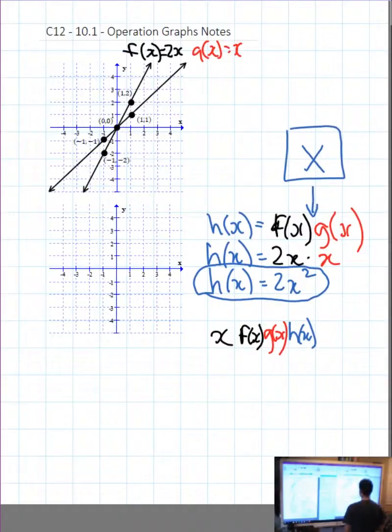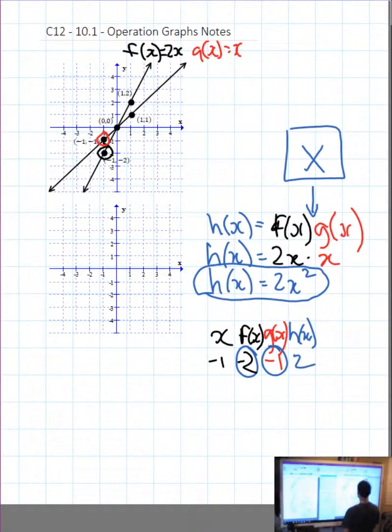So if I choose an x value like -1, f of x is -2. Again, g of x is -1. Now this time I'm going to multiply the values together. So -2 times -1 is 2.